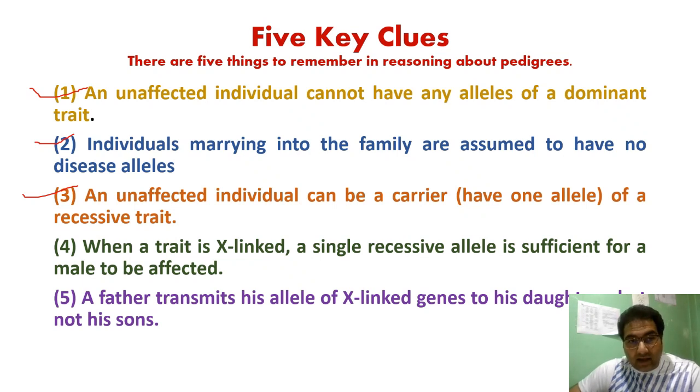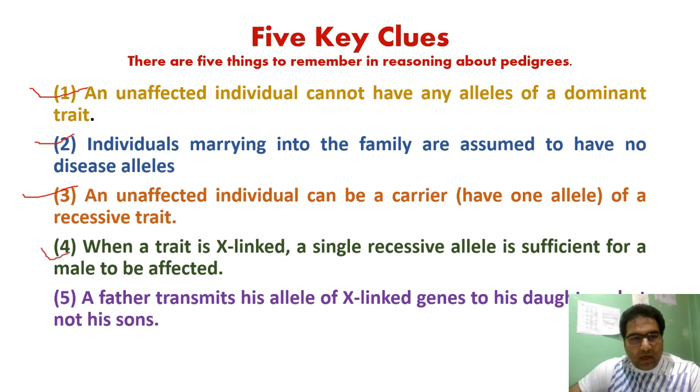If this unaffected individual had two recessive alleles, the disease would have been there. If the individual is unaffected, it means he can be a carrier with one allele, and that too recessive. If it had been dominant, it would have been expressed.